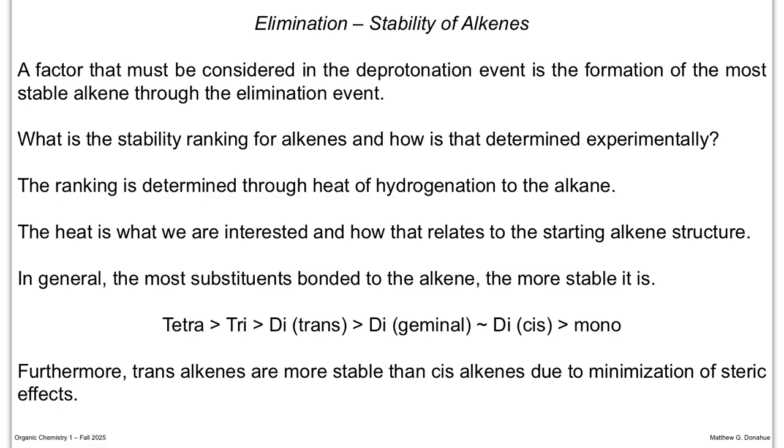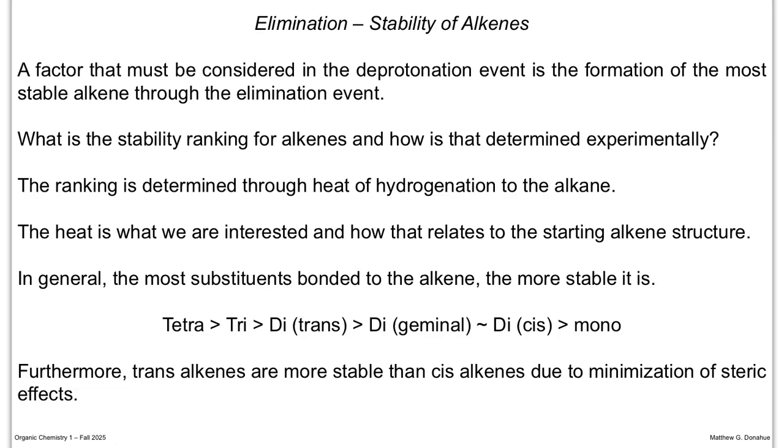So when we're evaluating the question, which beta hydrogen is going to get abstracted, we want to do an abstraction that's going to form the most stable alkene. And alkenes are ranked according to the number of carbon substituents bonded to each sp2 hybridized carbon.